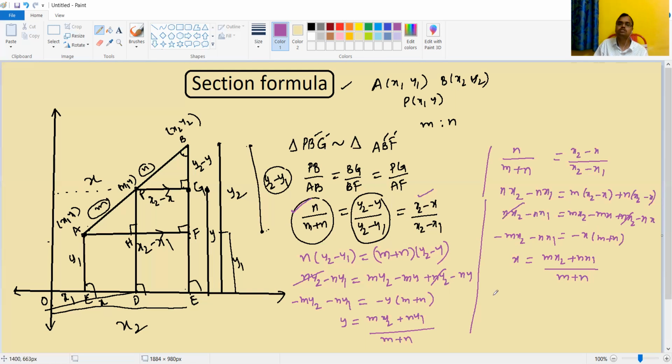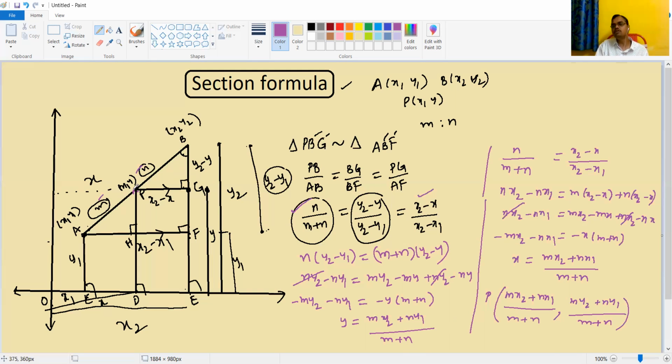So what are the coordinates of P we got? x comma y, mx2 plus nx1 by m plus n, comma my2 plus ny1 by m plus n. So this is the formula to find the point P which divides AB in the ratio m is to n. If you observe here, P is interior of AB.